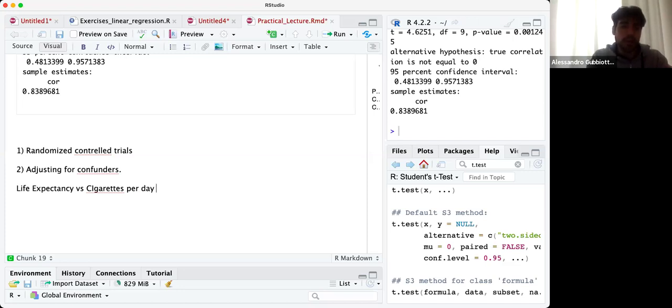So if you plot something like this, you will see some data like this one.